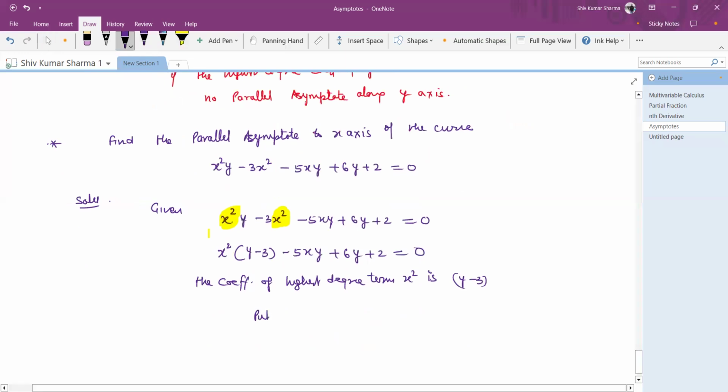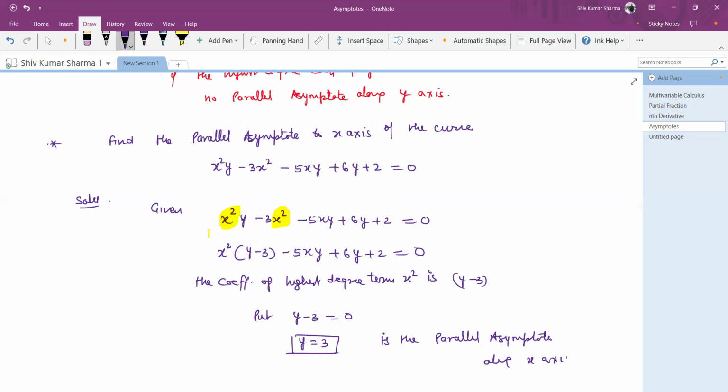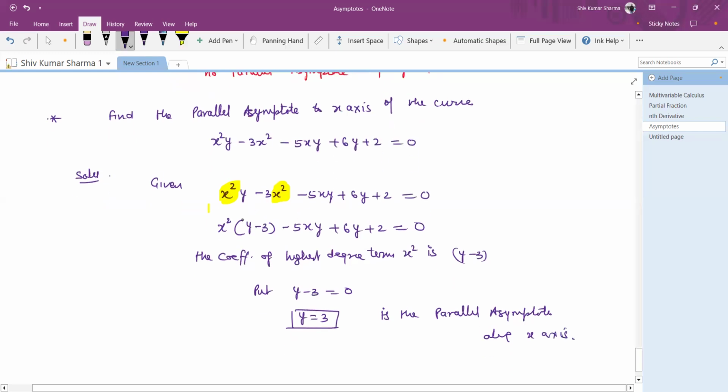So put y minus 3 is equal to 0, which gives us y equal to 3. So y equal to 3 is the parallel asymptote along the x-axis. Okay.